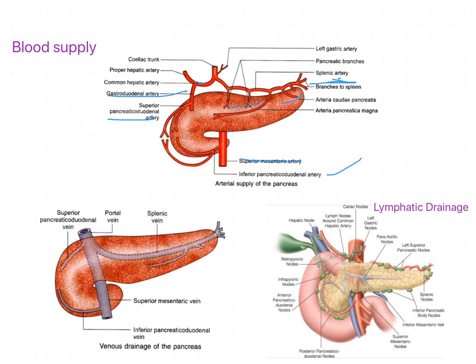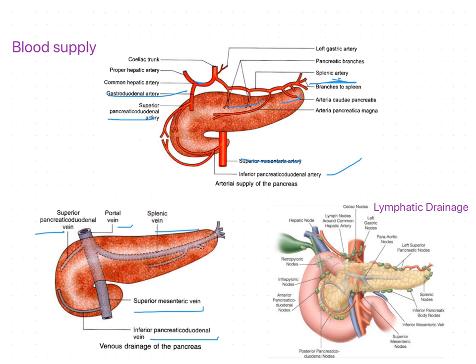The venous drainage is brought about by the corresponding veins, which ultimately end in the portal vein. Those are the inferior pancreaticoduodenal vein, superior mesenteric vein, superior pancreaticoduodenal vein, portal vein, and the splenic vein. The same arteries are associated with these veins.